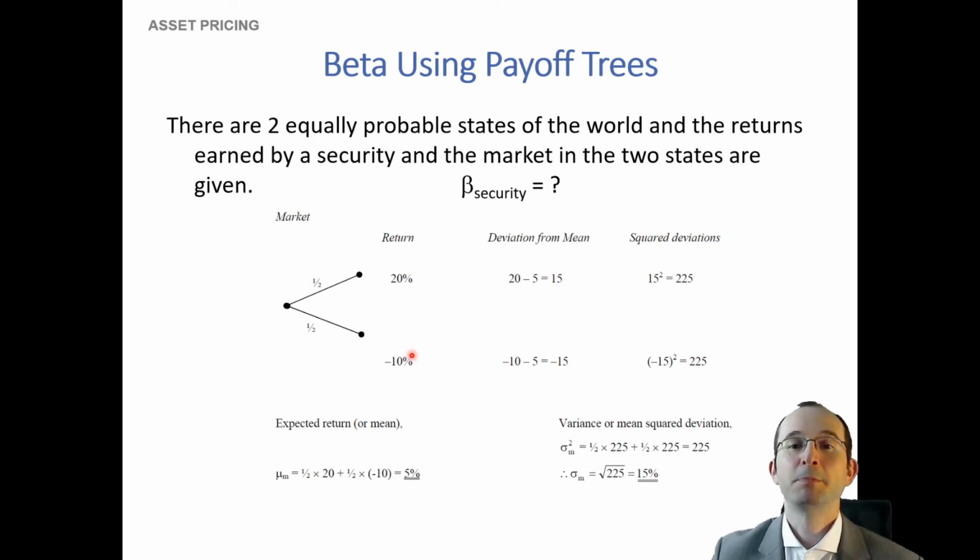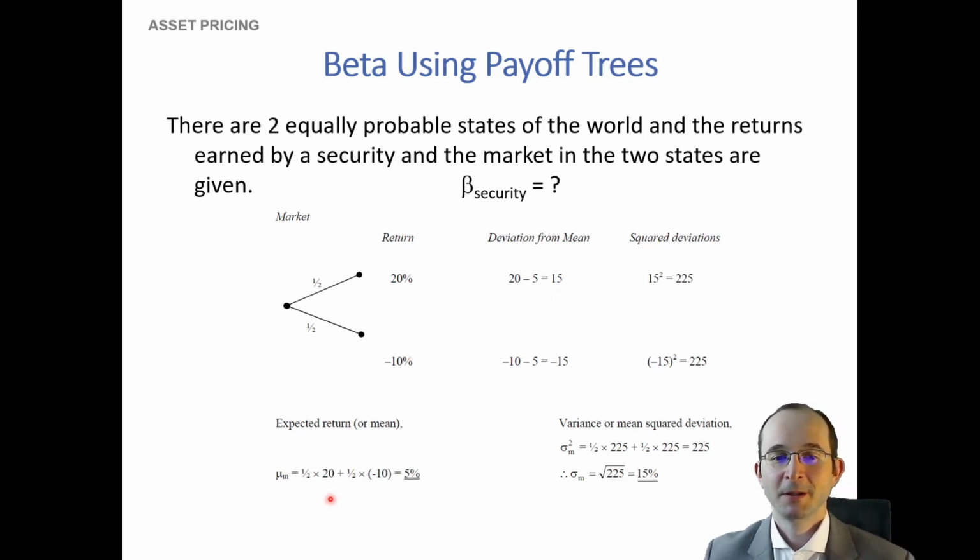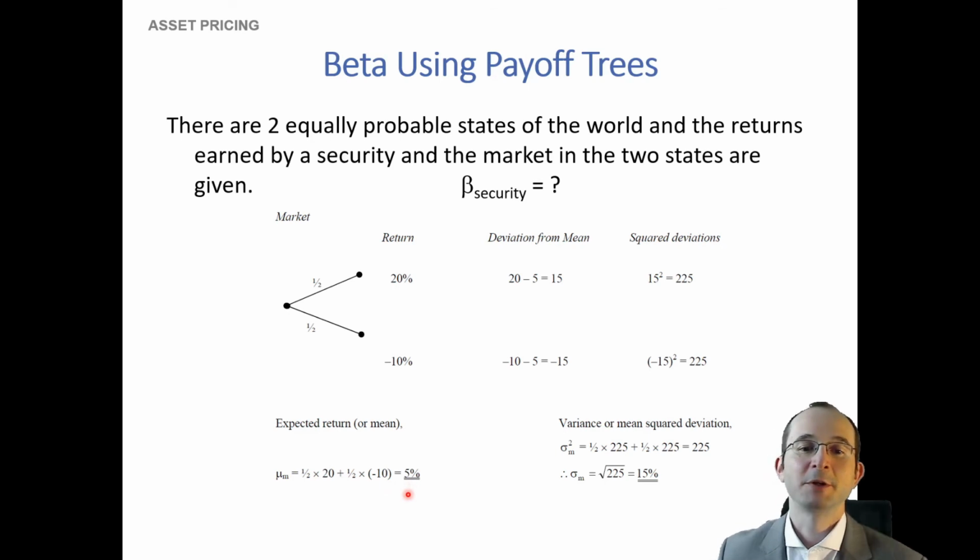Remember, the input to both of these is essentially going to be the deviation from the mean. So for the market, let's calculate, first of all, the mean return to the market. Well, half of the time it earns 20%, half of the time it loses 10%. Therefore, on average, it earns 5%. In the good state of the world, the deviation from the mean is 15%.